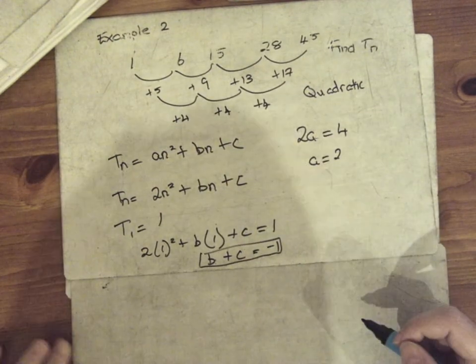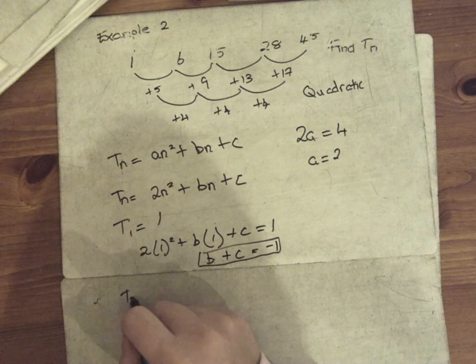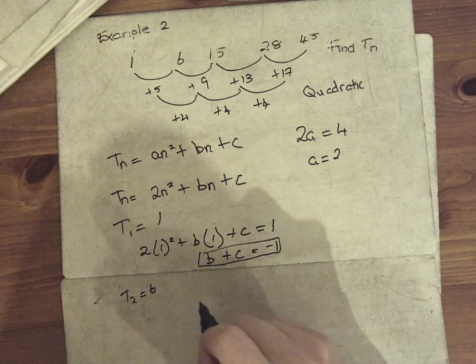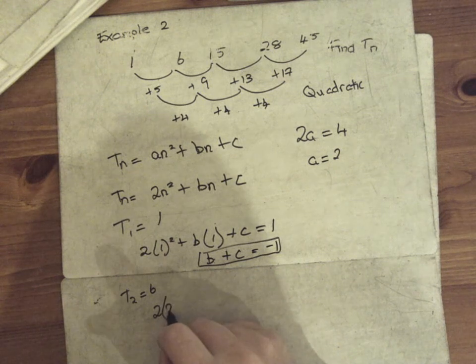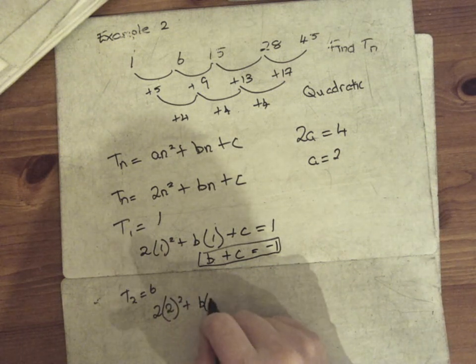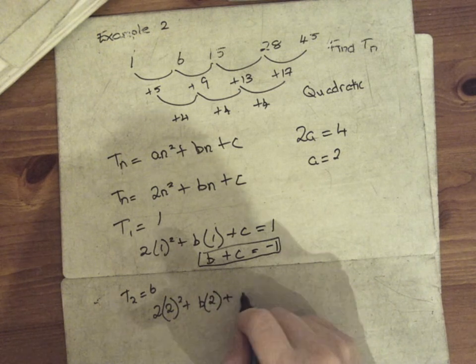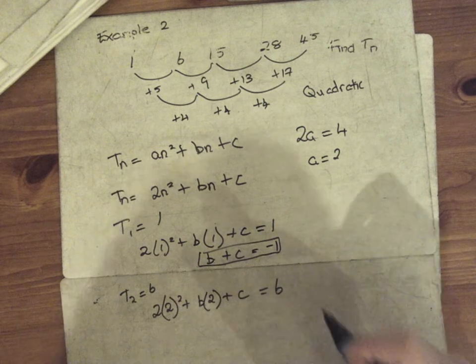Now, the second thing you're going to do is use the second term. So term 2 is equal to 6. Everywhere I see an n, I'm going to put in a 2. So it's 2 times 2 squared plus b times 2 plus c, and I know when I work all that out, I'm going to get 6 because that's what term number 2 is.